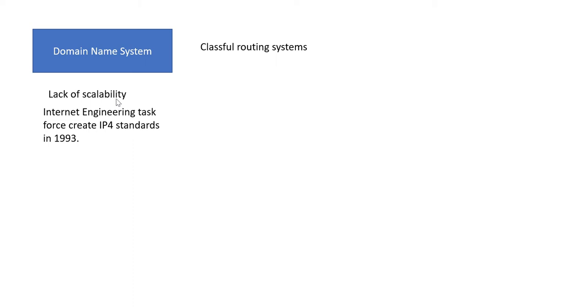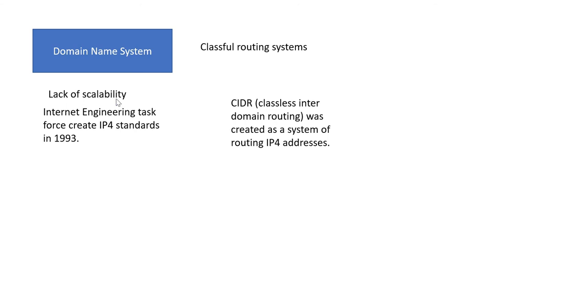And now, if you see, there are a lot of laptops, desktops, mobile phones, iPads, etc. So it is very difficult to keep scaling using this mechanism, and that's the reason for CIDR, that is classless inter-domain routing. This is the full form of CIDR. This was created as a system of routing IPv4 addresses. What was the prime reason? Scalability.